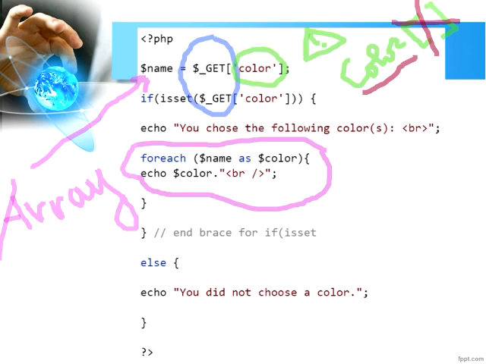So if we choose the method in a form, if we use method equal post, in this case we cannot view the variable values in the browser address bar. If we use method equal get, the variable values will be shown in the HTTP request. Is it clear?